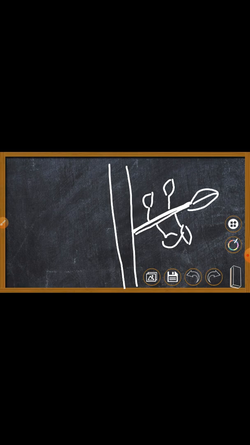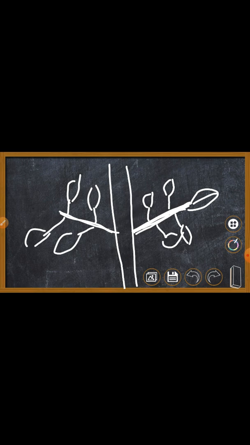On a plant, a compound leaf looks like this. This is not a branch. It is looking fat, but this is not a separate branch. This is the petiole, then the midrib, and then small leaves attached to it. So this is what you call a compound leaf.